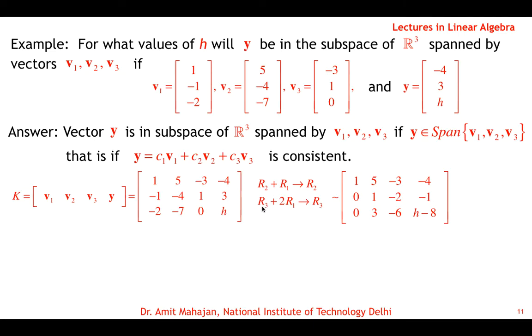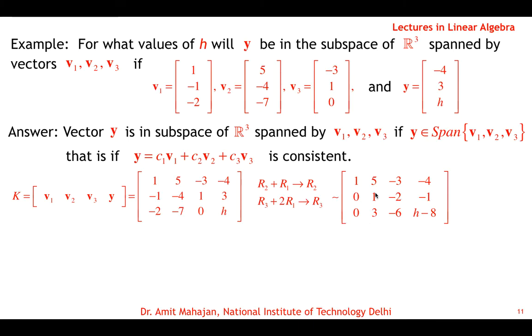Similarly third row plus 2 times first row changes the third row. So minus 2 plus 2 times 1 is 0, minus 7 plus 2 times 5 is 3, 0 plus 2 times minus 3 is minus 6, and h plus 2 times minus 4 is h minus 8.